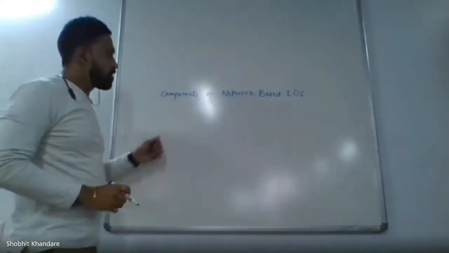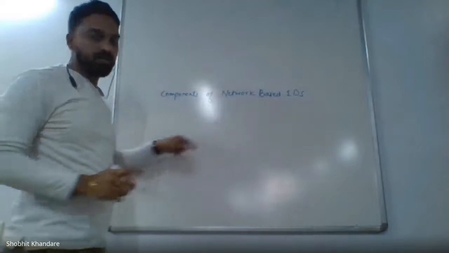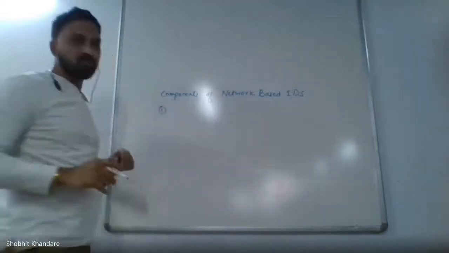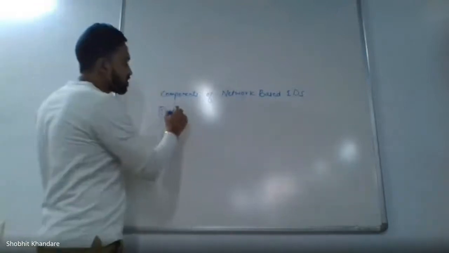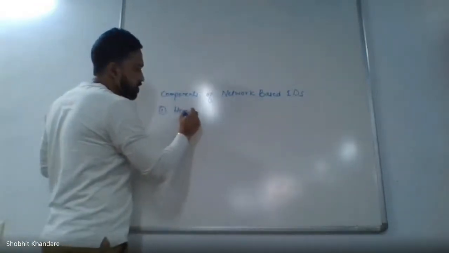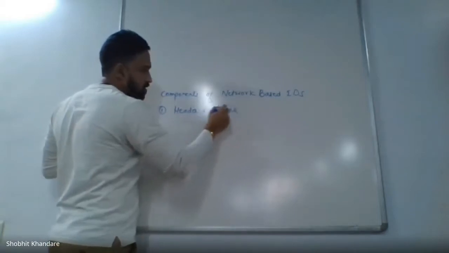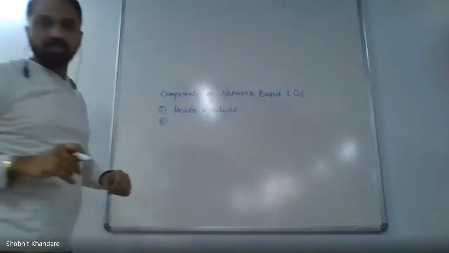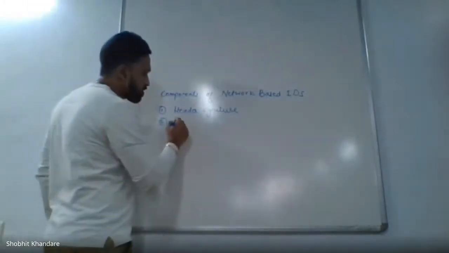Write down components of network based IDS system. Write down the first one. It is header signature. The second one is port signature.